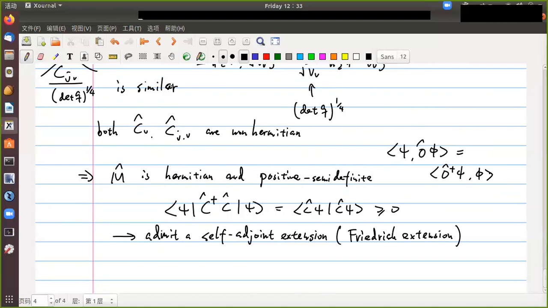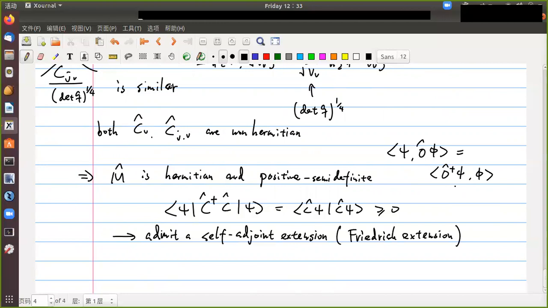Then whenever you find the dagger operator, you have to find its domain of definition. Hermitian means that you can replace this O dagger in this equation by O.